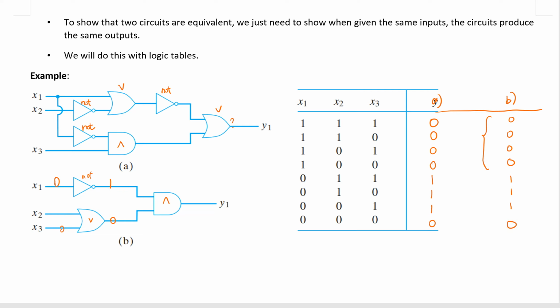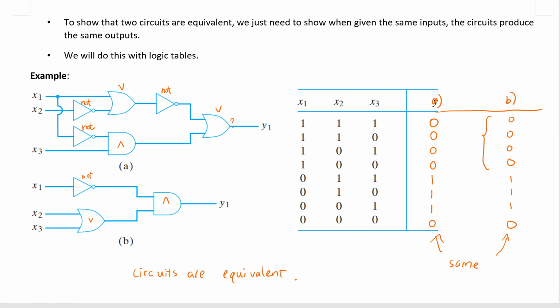Okay, so now we have figured out the logic tables, and you can see they are the same. So we can say those two combinatorial circuits are equivalent.